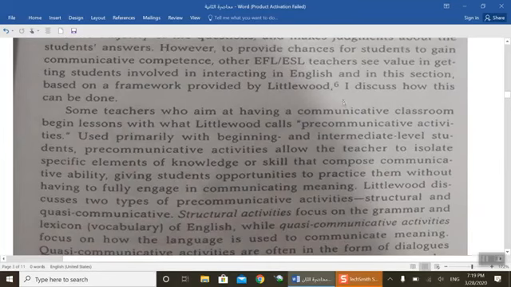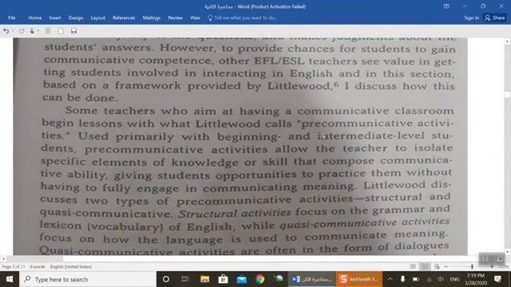I discuss how this can be done. Some teachers who aim at having a communicative classroom begin lessons with what Littlewood calls pre-communicative activities. Then Littlewood suggests some activities and strategies that teachers can use inside the class.